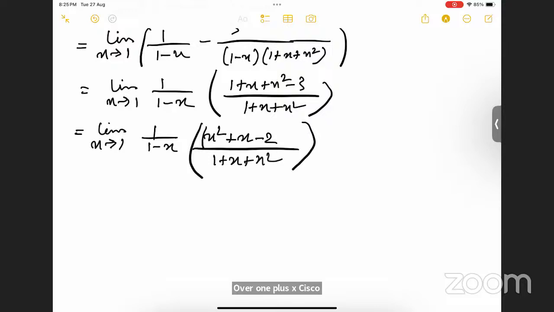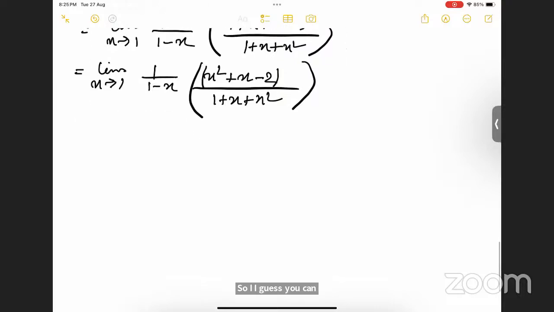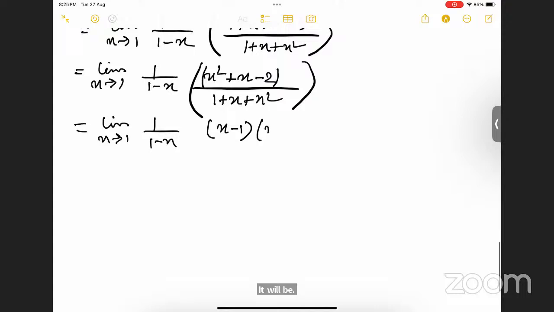Now we can factorize this term, right? So I guess all of you can do that. So it will be x minus 1, x minus 2 plus 2.